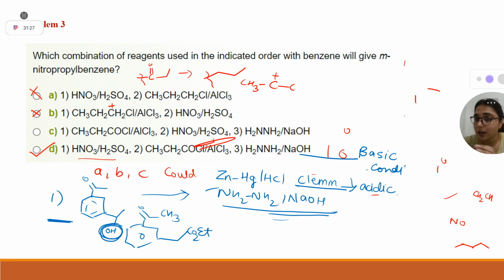If any substituent on your benzene ring is acid sensitive, we use Wolff-Kishner reduction. If anything is base sensitive, we use zinc reduction, Clemmensen, so that the substituent can't be affected by the reduction condition. Yes or no?